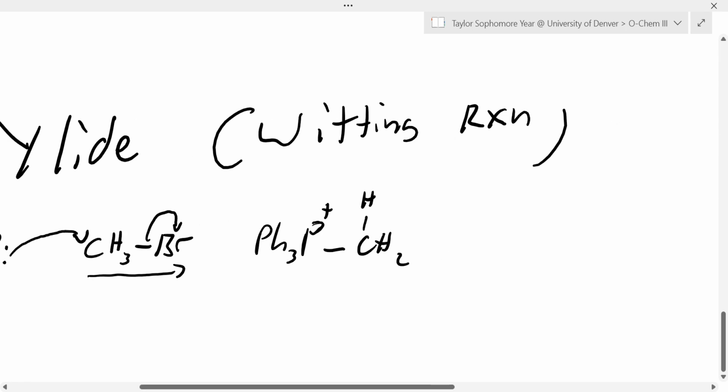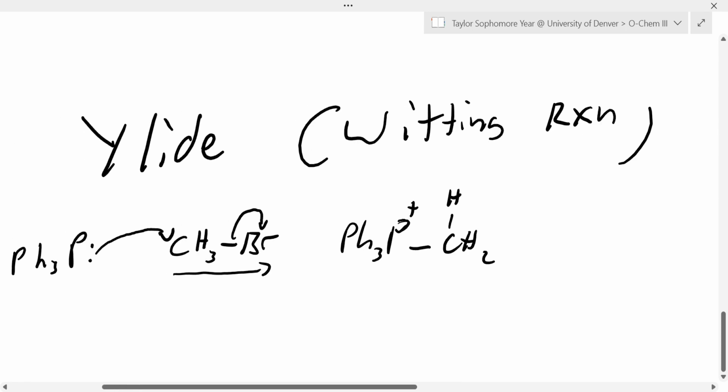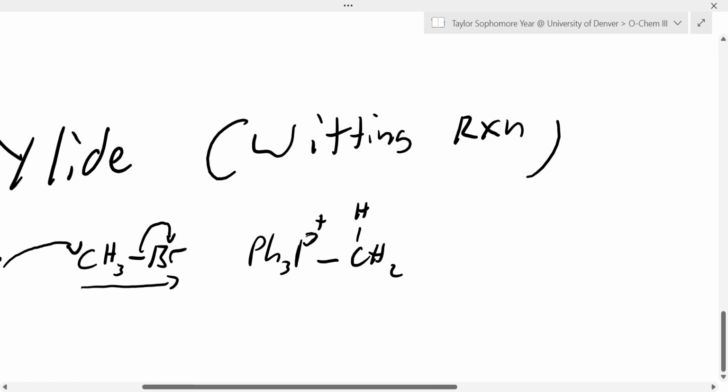This will be through an SN2 reaction, obviously. From there, we want to form the ylide by removing a proton using a strong base. A strong base could be, for example, butyllithium. When we do that, we can deprotonate this hydrogen and put this bond onto carbon.